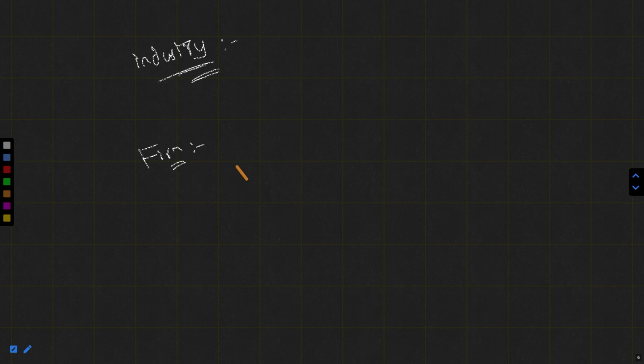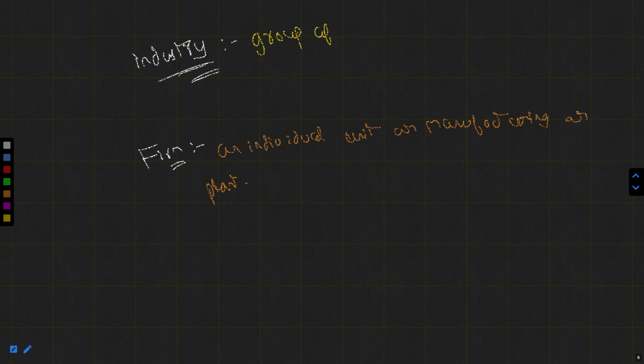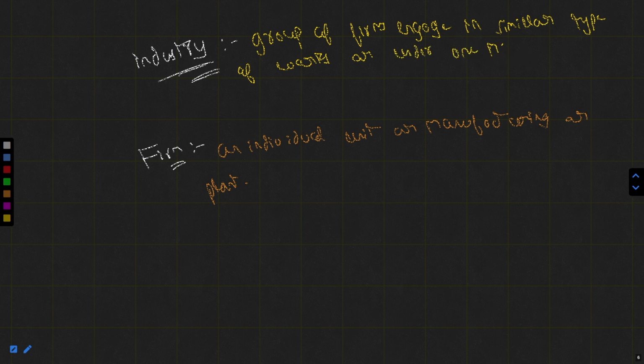If we talk about the firm, it is an individual unit or manufacturer plant, whereas the industry is a group of firms engaged in similar type of works or under one management. This is just the basic definition.